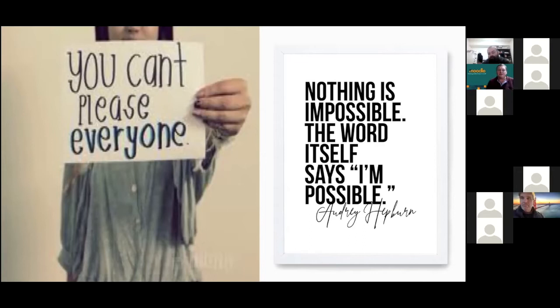There's a common phrase: "You can't please everyone," and you can look online and find dozens and dozens of graphics like this one that say you can't please everyone. But the advice that I would actually give, if you want to start a really fully fledged massive collaboration with teachers, is that you have to try to please everyone.